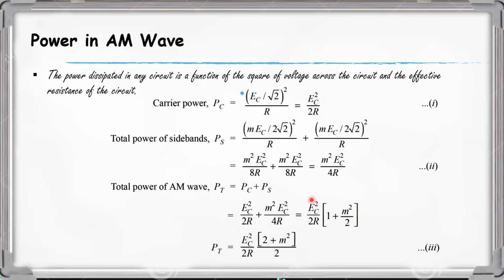Then here EC square divided by 2R is taken outside. Then in brackets it is 1 plus M square divided by 2. Then we cross multiply the quantities in brackets. Then we write EC square divided by 2R into 2 plus M square divided by 2.